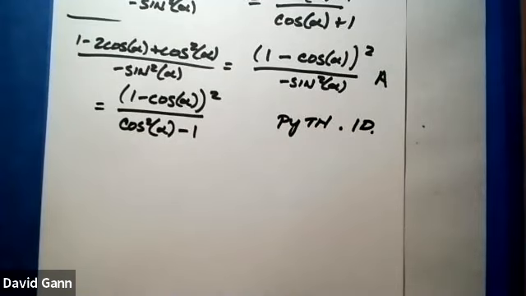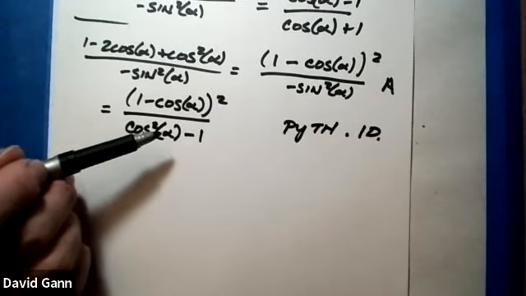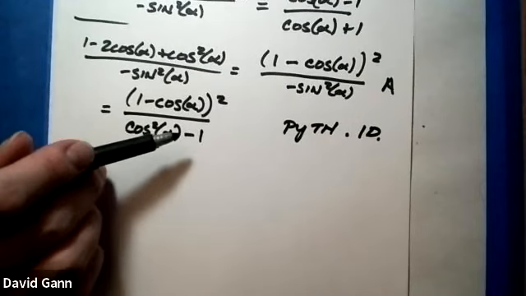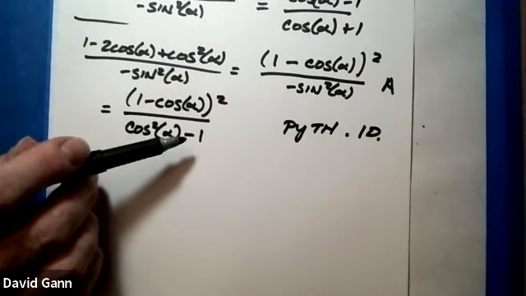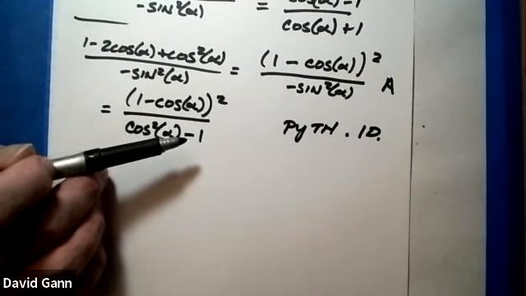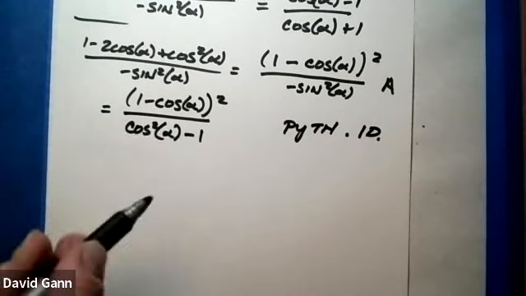Okay, so now what? Well, notice down here that this is now a difference of squares, right? This is a squared minus b squared, or b squared minus a squared, whichever way you want to think of which one's a and b. Let's factor that.